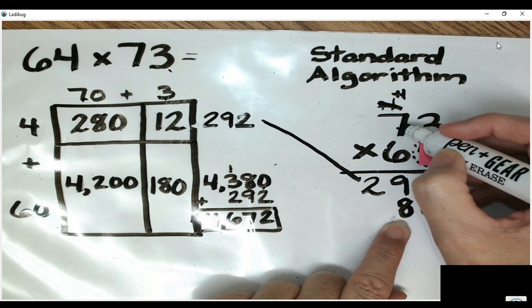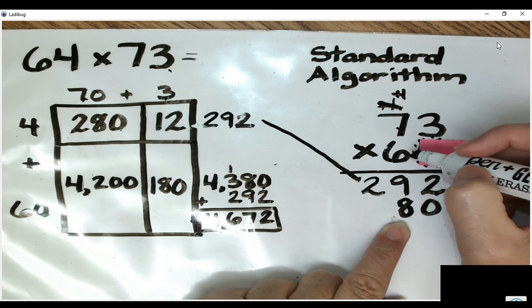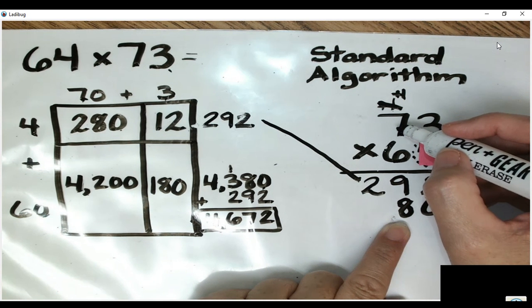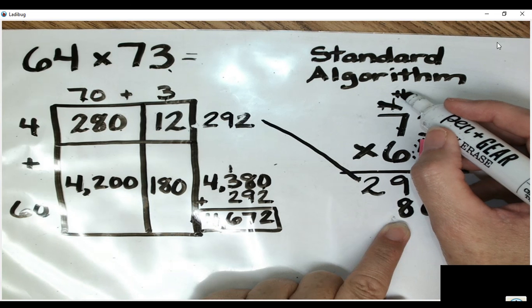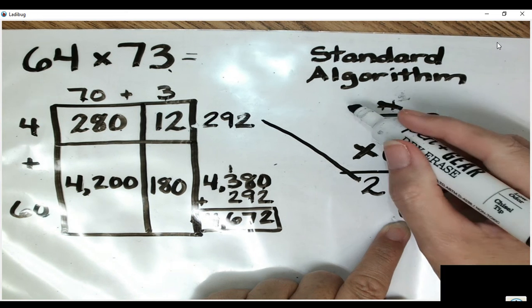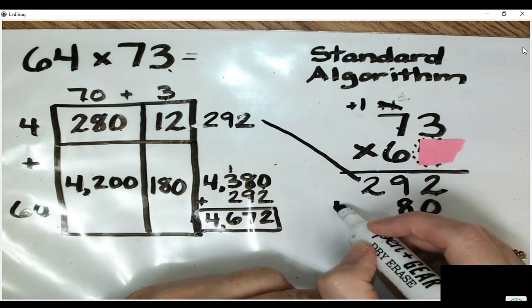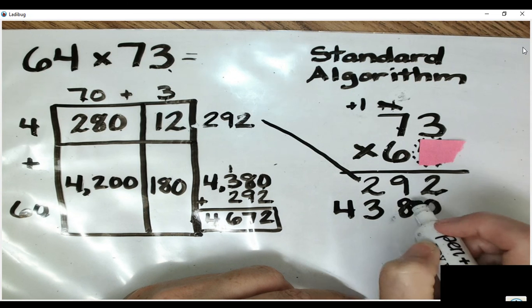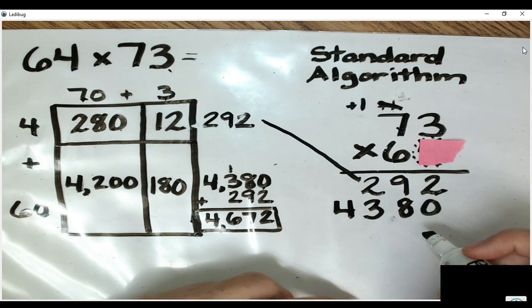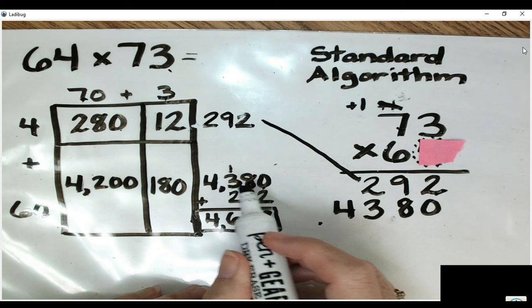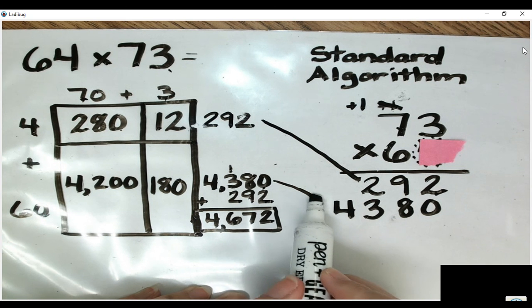And then 60 times 70 is 4,200, plus my 1 more, or my 100 more. It really should be brought over here. So it's 4,300, if you can imagine that. Okay. So now I wonder if you see anything that matches in our area model right there.